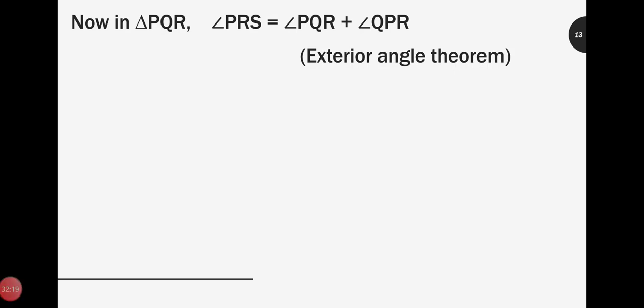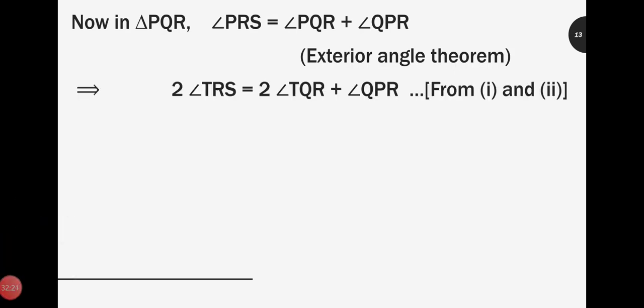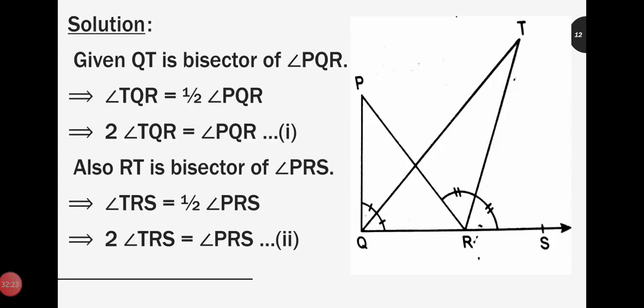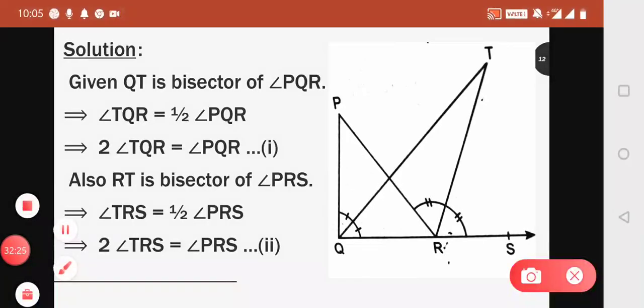Let's see in the figure. Yes, angle PRS equal to angle QPR plus angle PQR.